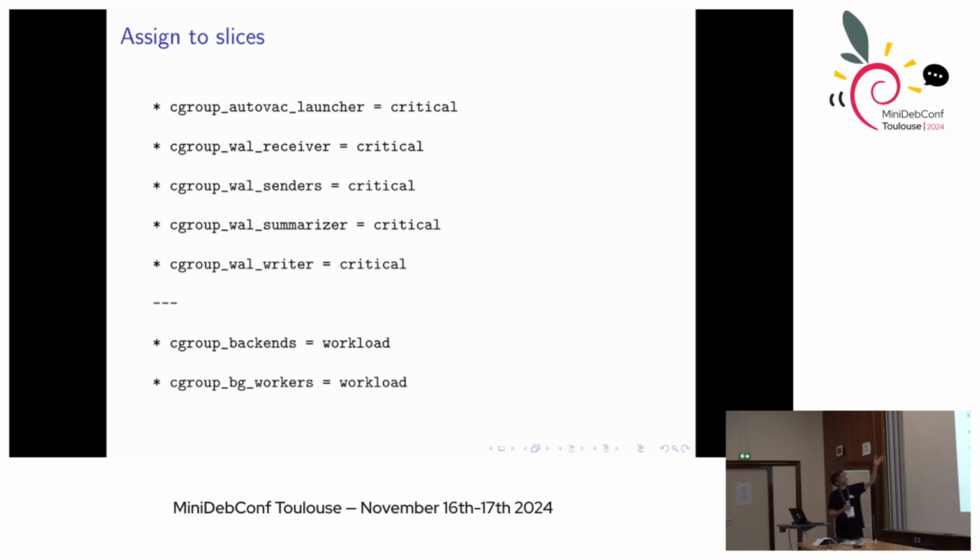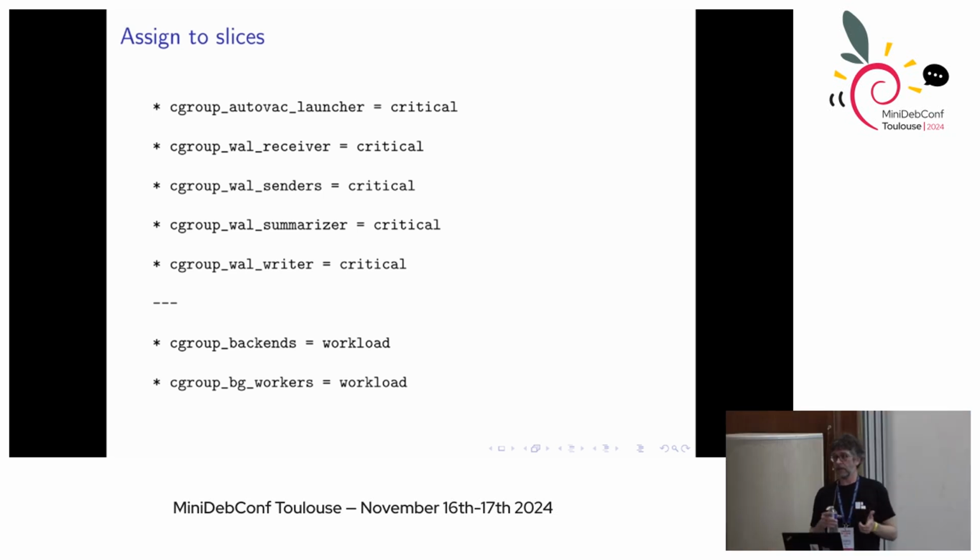So I also added those kinds of GUC for PostgreSQL. For each kind of backend type, we can define in what slice you want to add it. I just put some defaults, but you can create new slices and define new ways to do things.